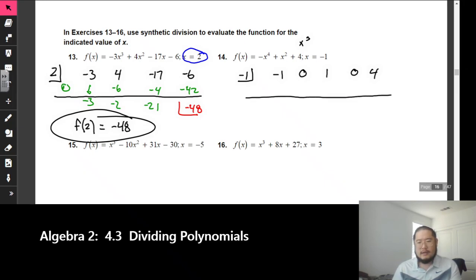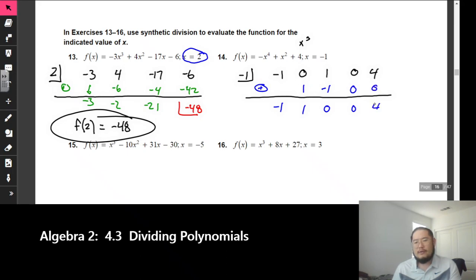And so let's go ahead. I'll drop down the -1. -1 times -1 is 1. We'll go ahead right here, adds up to 1. All right, so we have 1 times -1 is -1. So 1 plus -1 is 0. 0 times -1 is 0. 0 plus 0 is 0. And then we're left with 0 times -1 is 0.